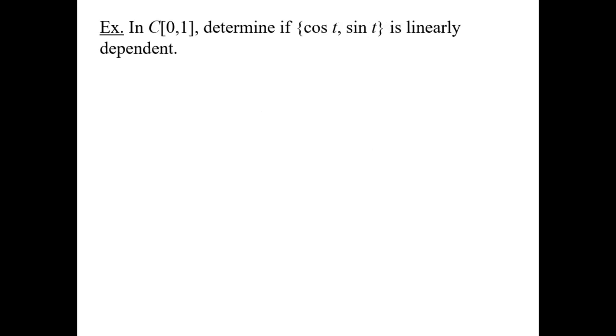Let's consider this. In C of 0, 1, again, that's the continuous functions on the interval from 0 to 1, let's determine if these 2 functions are linearly dependent. Now, it's only 2 functions, so basically 2 functions are linearly dependent if I could do A times cosine t plus B times sine t and get the result of 0. Well, that would be the same as saying cosine t is equal to negative b over a times sine t.